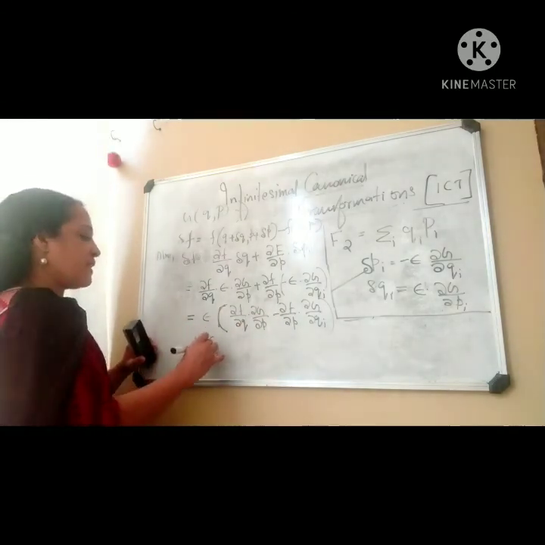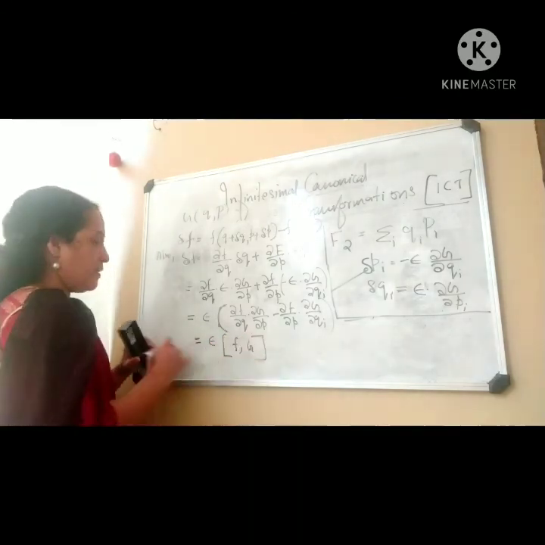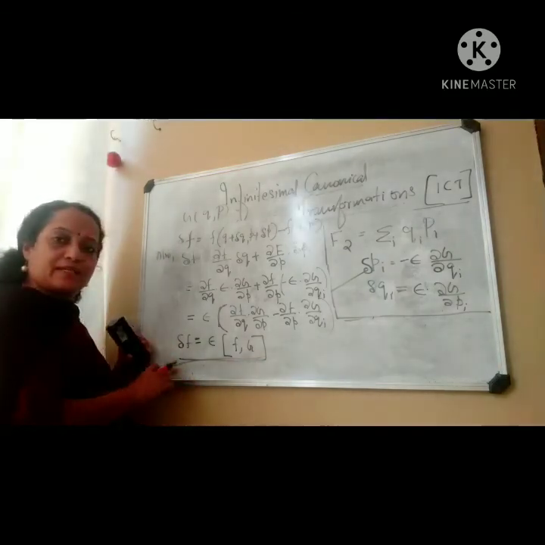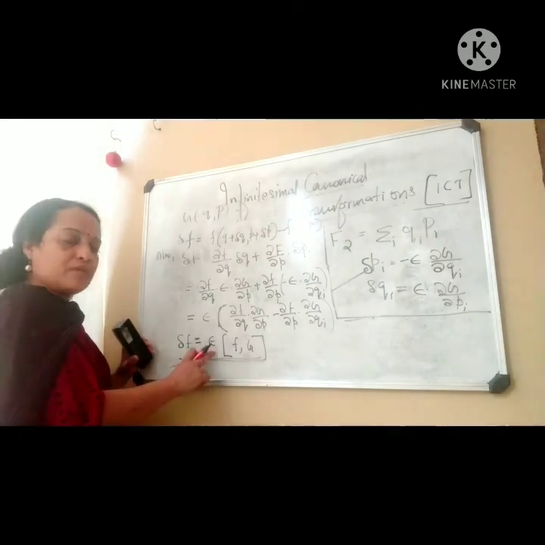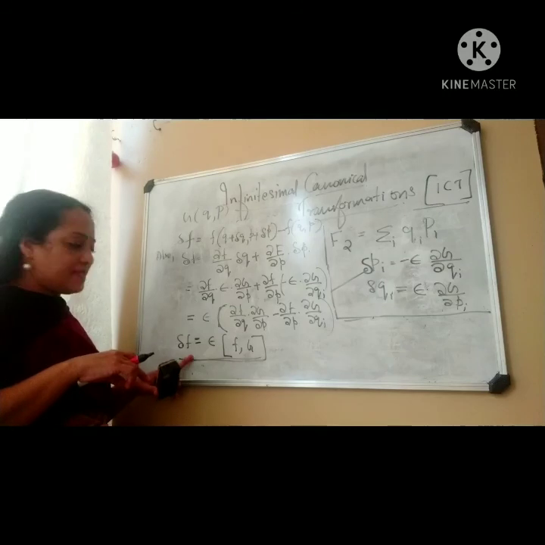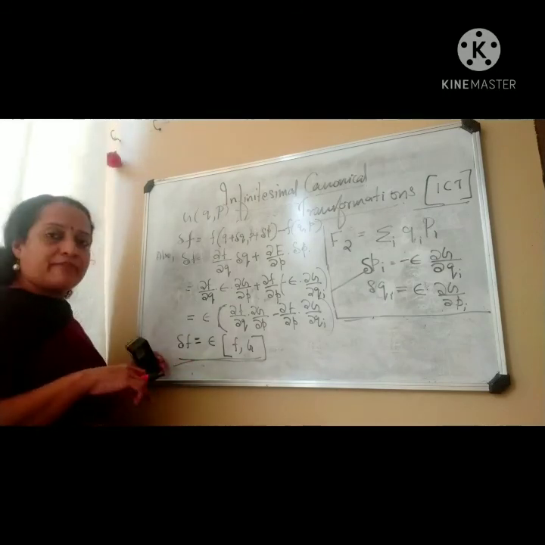So this becomes epsilon into the Poisson bracket of f with g. So delta f, the infinitesimal change in the function f, is equal to epsilon into the Poisson bracket of f and g.